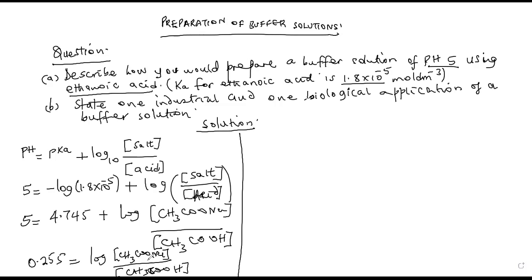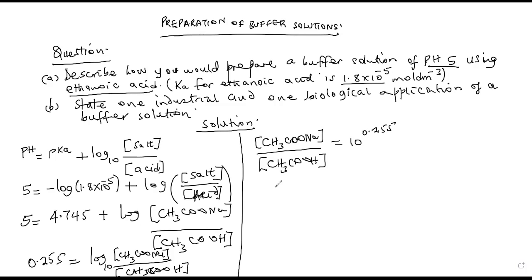Since this is base 10, we can take the antilog, so that the concentration of sodium ethanoate over the concentration of ethanoic acid is equal to 10 power 0.255.